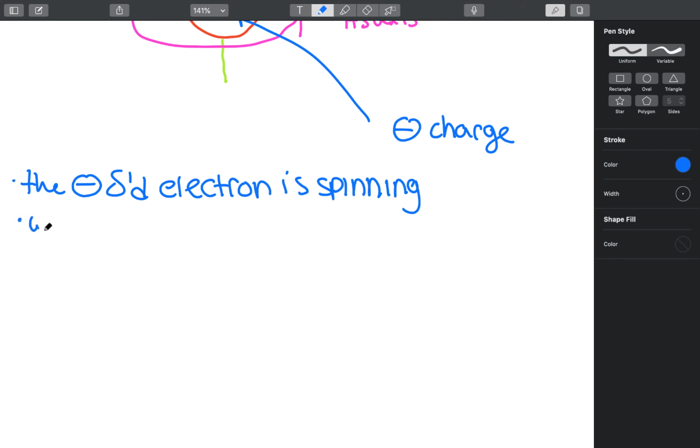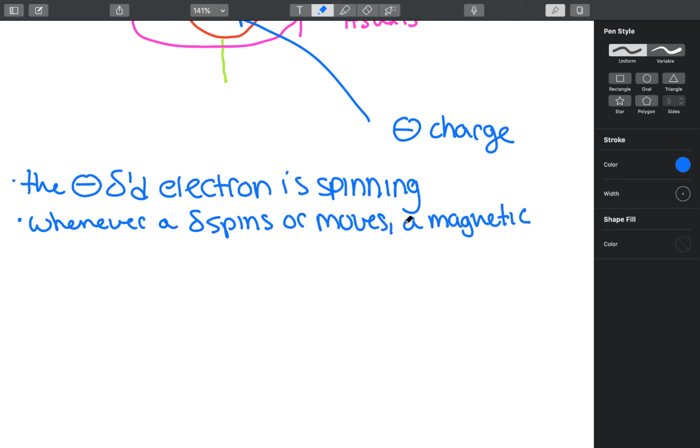So whenever a charge spins or moves, a magnetic field can be generated.